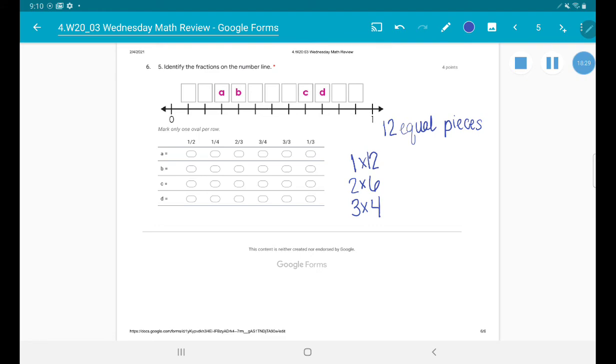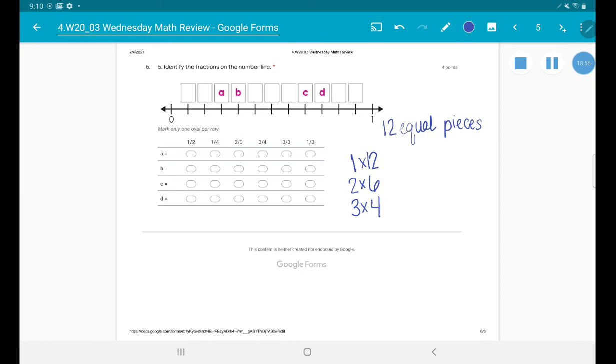Then there's 3/4, and 4 was one of the factors. 3/3, wasn't 3 a factor? And 1/3, again 3 was a factor. So all these answer choices are factors of 12. So we could split 12 into equal groups, to that many equal groups.